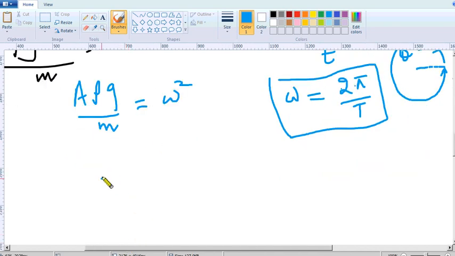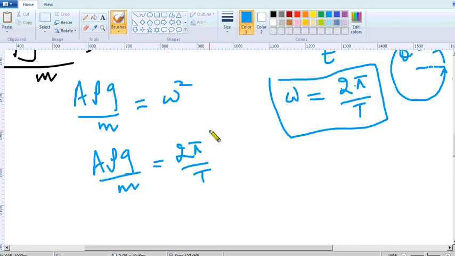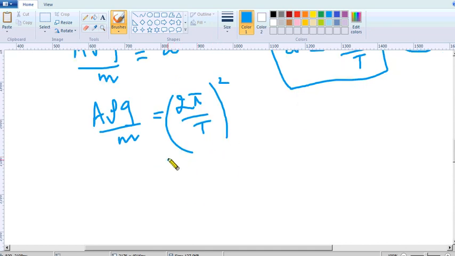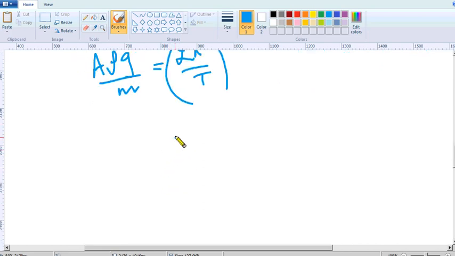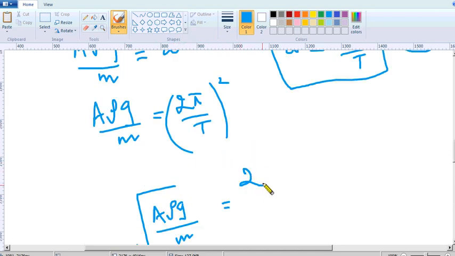So we write it here now: a rho g divided by m equals 2 pi divided by T, the whole thing squared. Then we have to remove the square, so we take the root of both sides, and it equals 2 pi divided by T without the square.